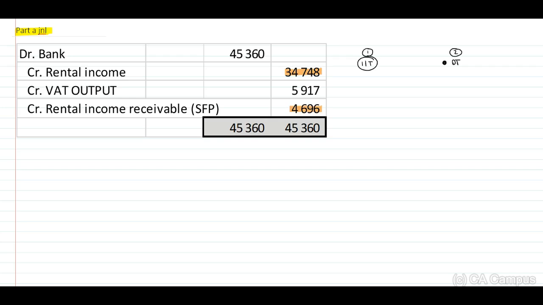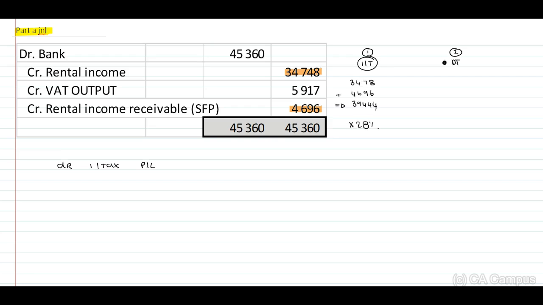Therefore, we need to add the 34748 plus 4696, and this is the amount received in 2019. Therefore, this will be an amount of 39444 times 28%, and we will have to debit our income tax in our profit and loss.